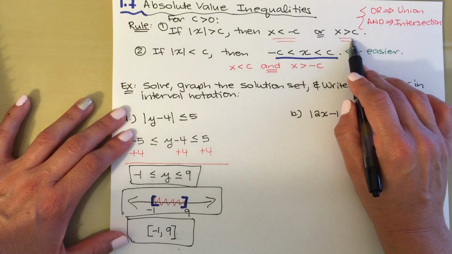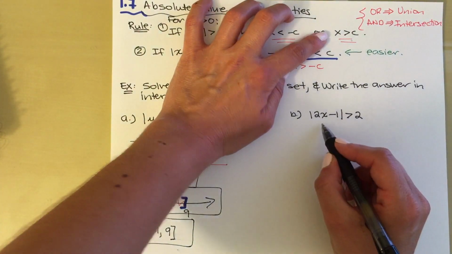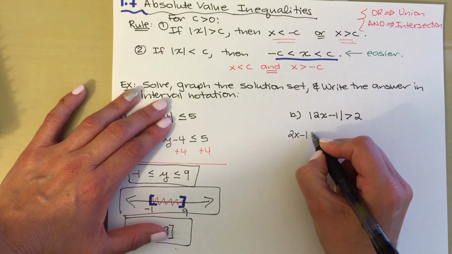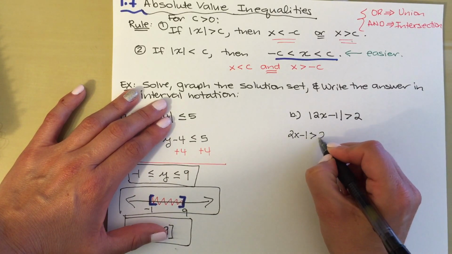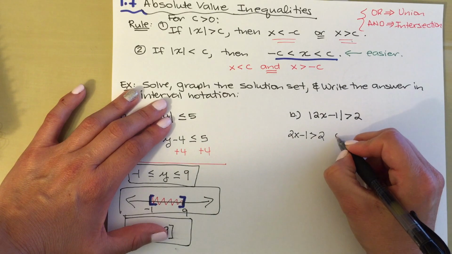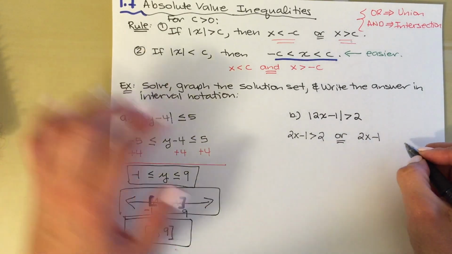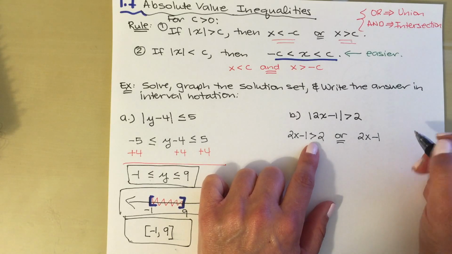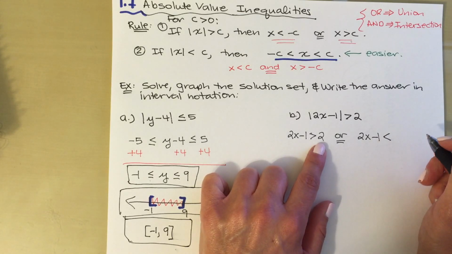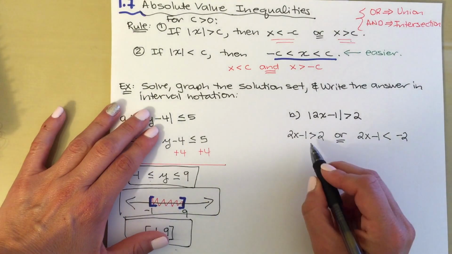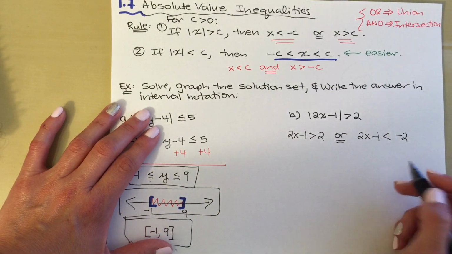So let's do this one first. Basically, we're going to take 2x minus 1. Just take off the absolute value. Everything else is the same. Or 2x minus 1. You're going to change the direction of your inequality and make that 2 negative. We solve each one separately.